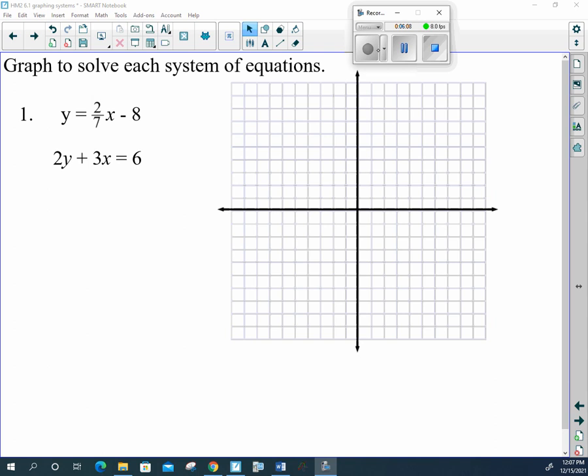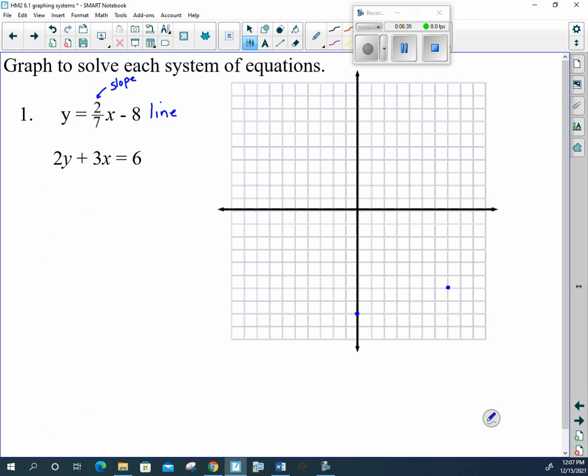So first equation given up here is a line. So if I'm going to graph that, I'm going to go down to -8 and put a point. And then the slope right here, here's my slope, is 2 over 7. So I'm going to go up 2 over 7. And now it'll be off my graph paper if I go up 2 over 7 again.